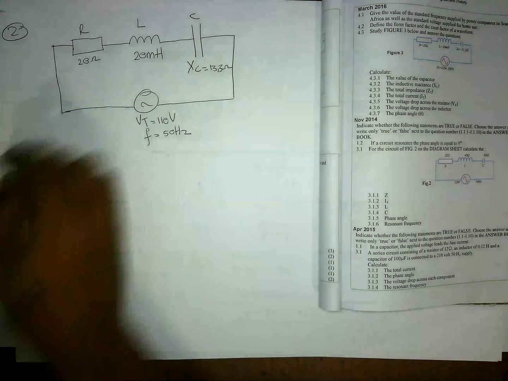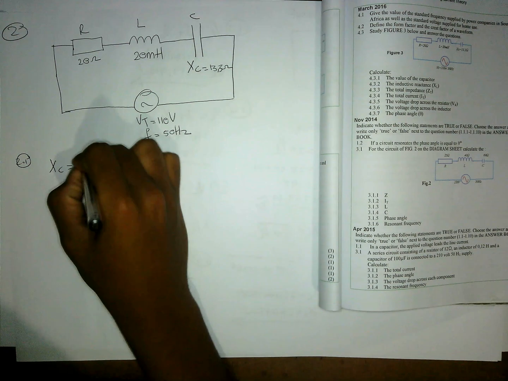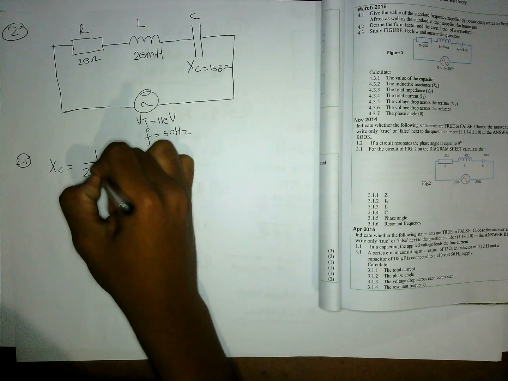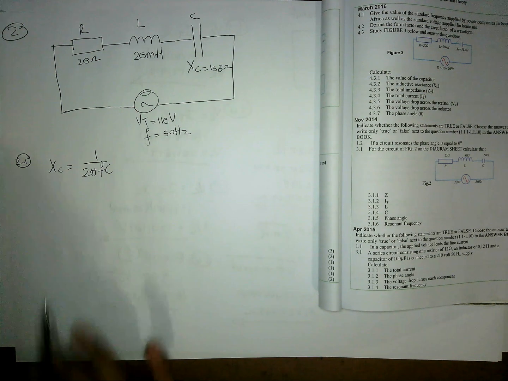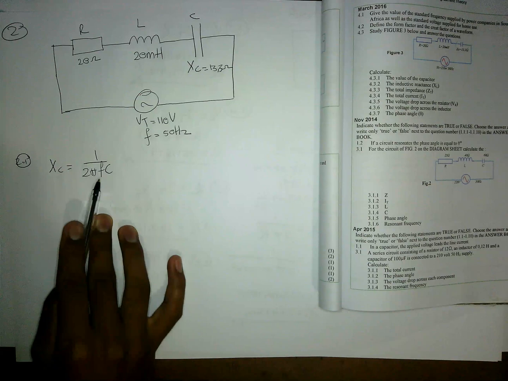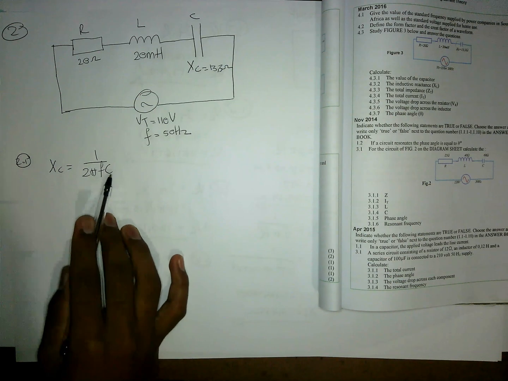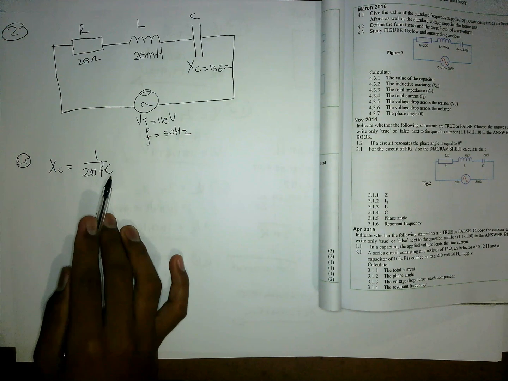So Xc equals 1 over 2 pi Fc. Before we put values in, let us first manipulate this before you substitute in a value for the frequency just to get the capacitance, right? That's gonna make your life much harder.